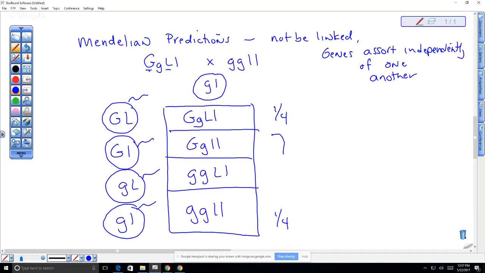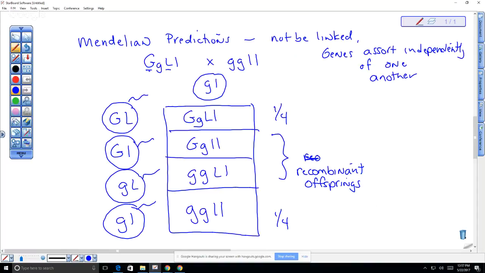And I'm going to call these recombinant offspring, because you have a recombining, right? So this actually produces more variation, because some offspring could be gray like one parent and vestigial wings like the other, or black bodied with long wings. You have more variation, okay?